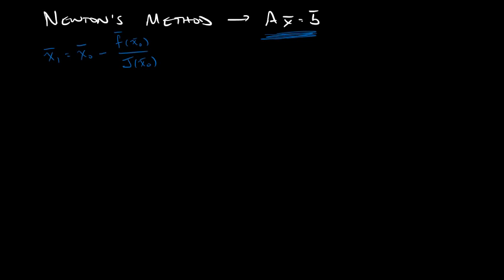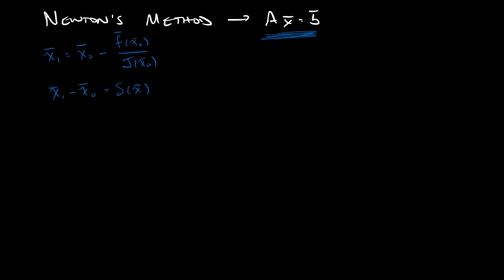So the first thing I'm going to do is subtract this x naught over to the other side. So I'm going to get x1 minus x naught. And I'm actually just going to call this a different function. You'll see why in a minute. Let's call it delta of x, with a little tilde there to represent this difference between the last step and the next step.